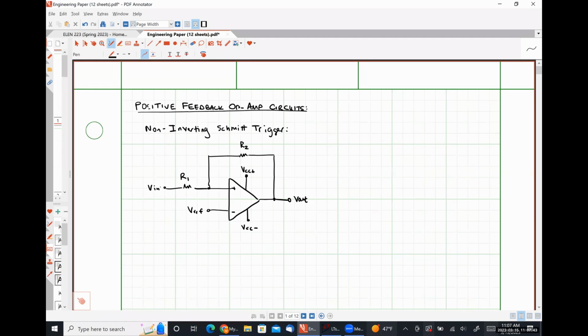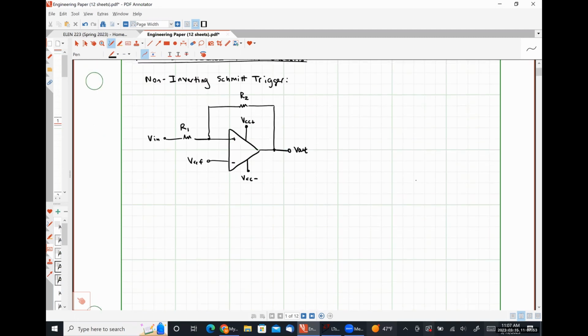Now we are going to draw the equivalent circuit for this using the practical op-amp model. Okay. So I'm going to start with just the general op-amp model. I have my input resistance here, Rin.